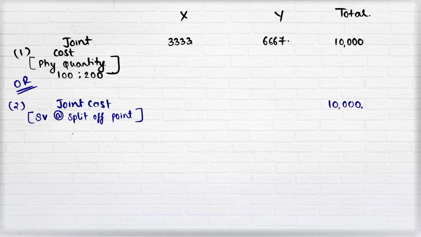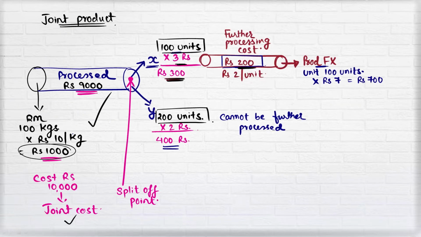Probably I will not have to explain you the method. I want to distribute cost of rupees 10,000. What is the sales unit at split off point? 100 and 200. What is the sales value at split off point? 300 and 400. So what is considered? Only unit is considered or even selling price is considered? Selling price is considered. So it is sales value at split off point.